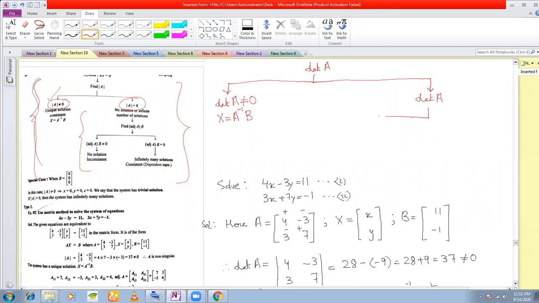Once you get det A is equal to 0, now what you do is you find the adjoint of A and you multiply the adjoint of A with B. Now when you're multiplying adjoint of A into B and suppose you get a non-null matrix, in this case, we say that the system has no solution. Or we say that the system of equations is inconsistent.